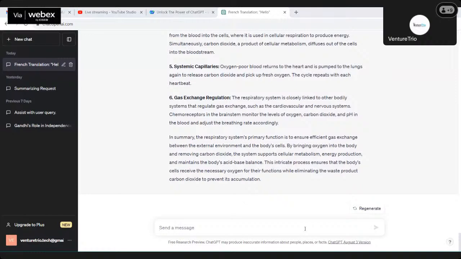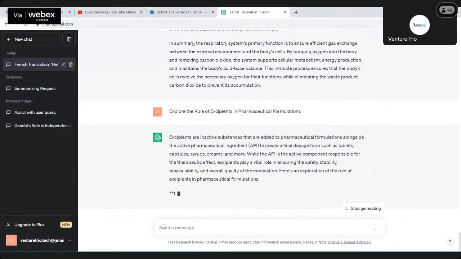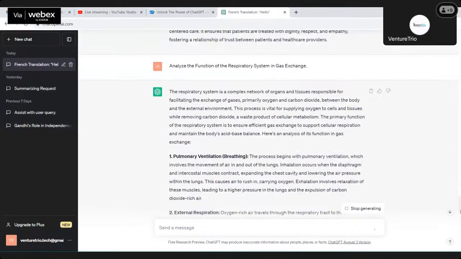Now let's ask some questions from a different field. Now move on to another subfield of medical science, like pharma. Explore the role of excipients in pharmaceutical formulations. So you can ask such types of questions.